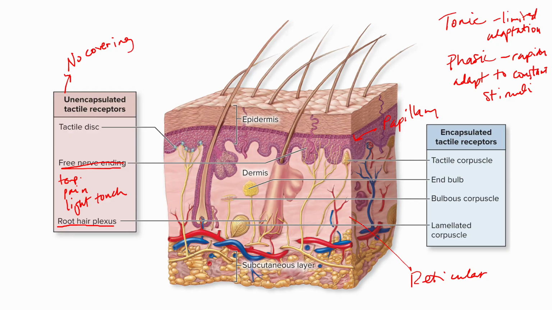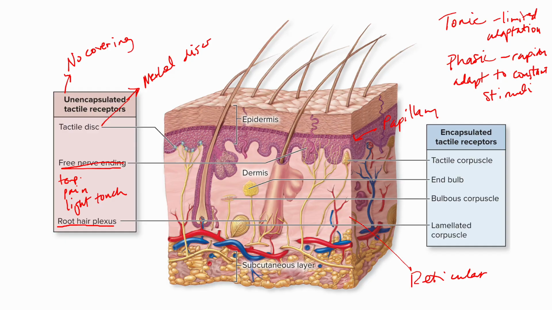Now, the last unencapsulated receptor we're going to talk about are the tactile receptors. Another name that we used when we talked about the integumentary system was Merkel discs. These extend to Merkel cells in the epidermis, in the deepest layer of the epidermis.